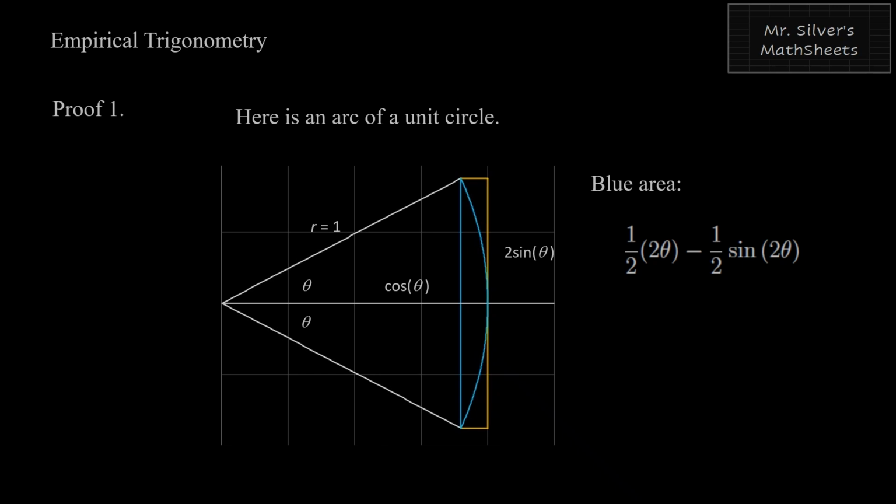You can verify that for yourself. And then there's an orange rectangle, and that's easy to see as 2 sine theta times 1 minus cosine theta. And the blue area sits entirely within the rectangle.